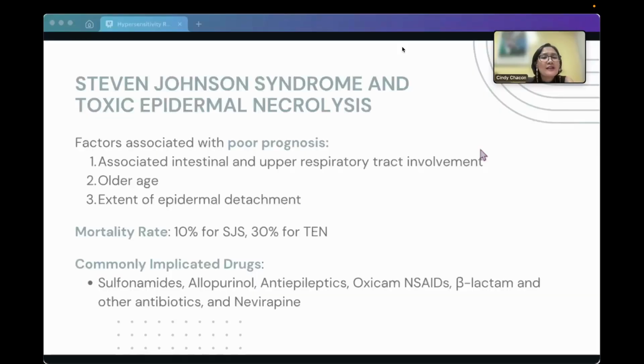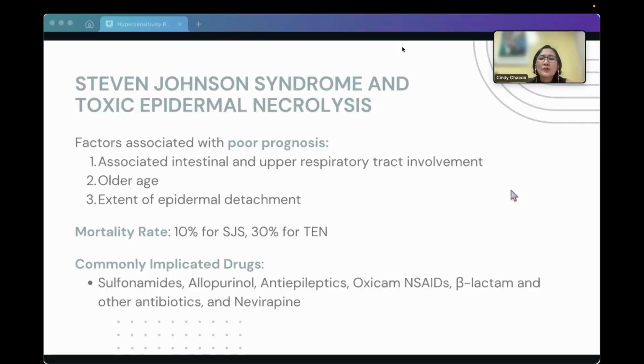So prognosticating factors that are associated with poor prognosis include those that have associated intestinal and upper respiratory tract involvement, older age, and a greater extent of epidermal detachment. At least 10% of those with SJS and 30% of those with TEN die from the disease.